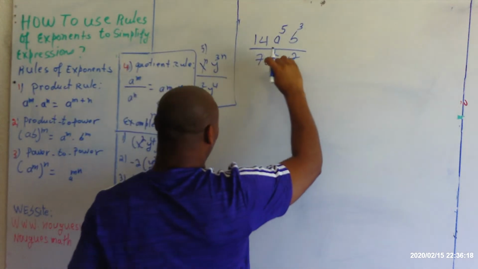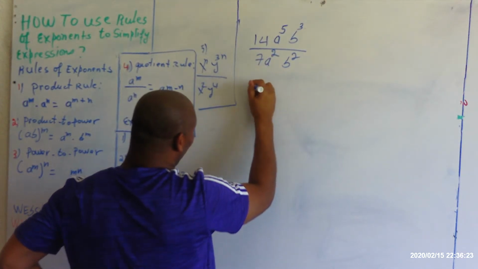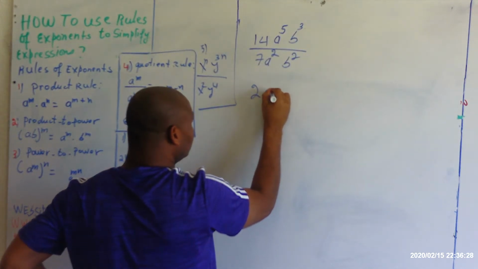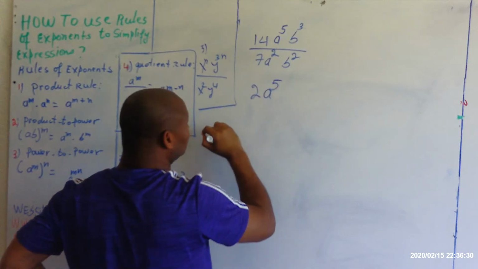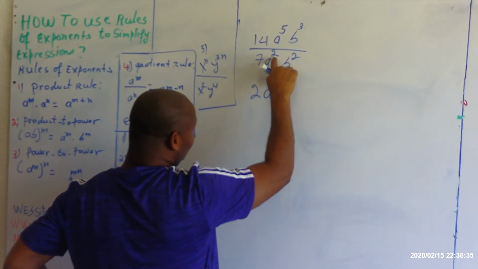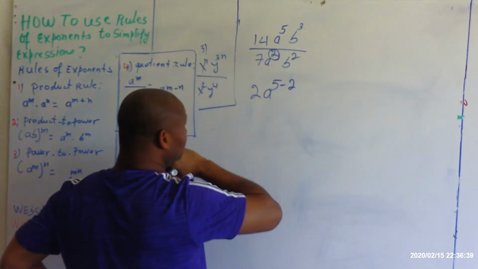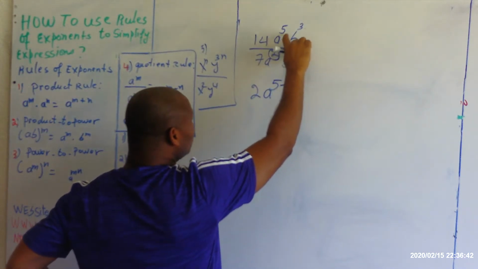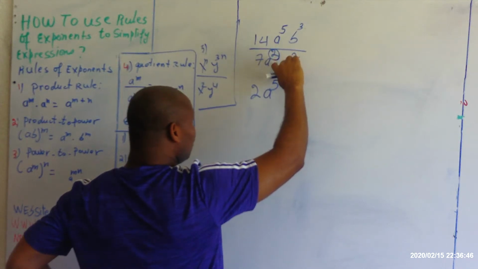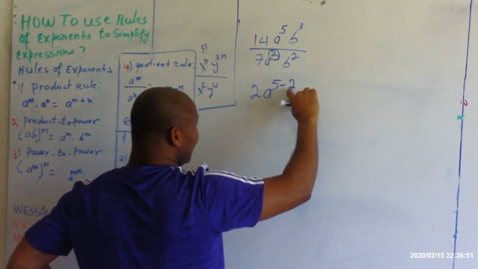So the first thing you will do, 14 divided by 7. That's going to be 2. So you have a to the power 5. You write it down. As we have a 2, as we have a squared right here, this 2 is going to go up, minus 2. You see, 2 going up, a subtract. When 2 leaves the bottom and goes up, it's going to convert to a negative 2.